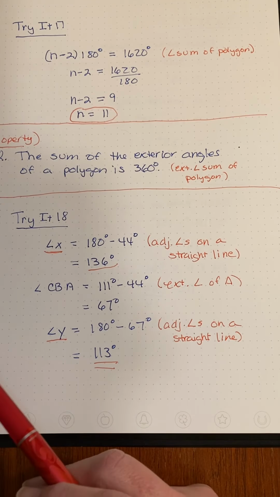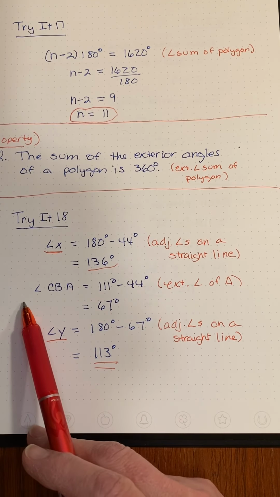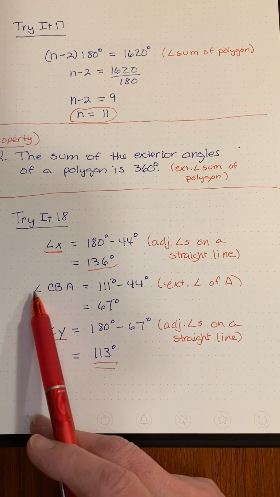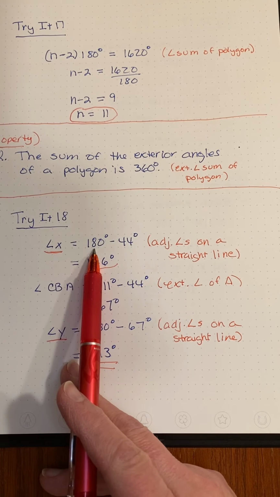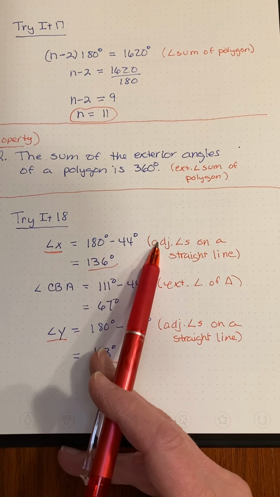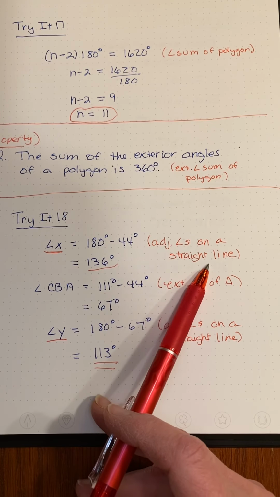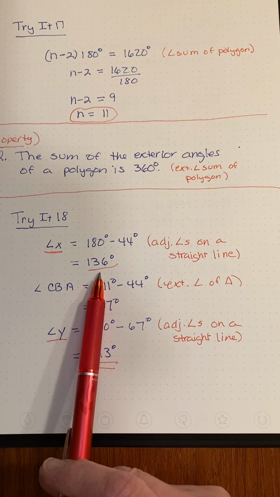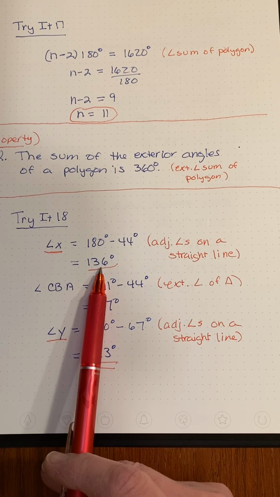Angle X is rather simple because it lies on a straight line. So angle X is 180 minus the 44, because they're adjacent angles on a straight line. So 180 minus 44 is 136 degrees. Now, to find angle Y, I have to do a couple more steps.